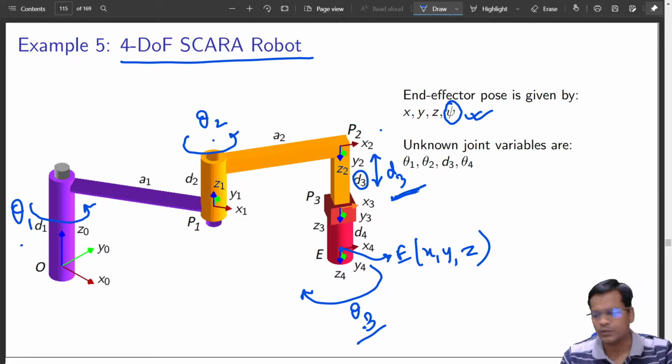If you go to any location X, Y and Z, you can rotate in that particular place. That means it can simply pick up an object, X, Y and Z translation it can do, and it can rotate about the object's axis. That means the end effector can rotate. This is the additional degree of freedom.